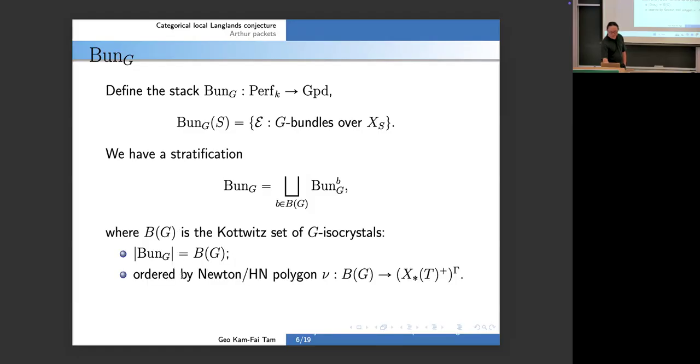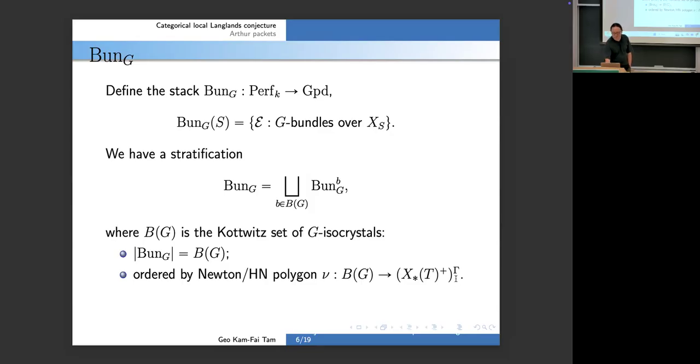This B(G) is ordered by the so-called Newton, or I think some people call it a Harder-Narasimhan polygon. This is a map from B(G) to the set of Galois invariant dominant cocharacters of G. So here I fix a maximal torus T in G. So we have this dominant cocharacter.